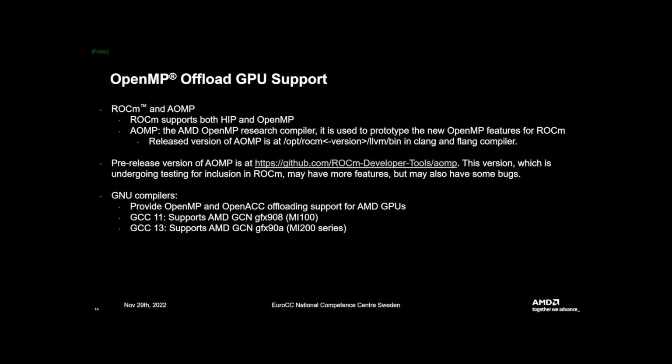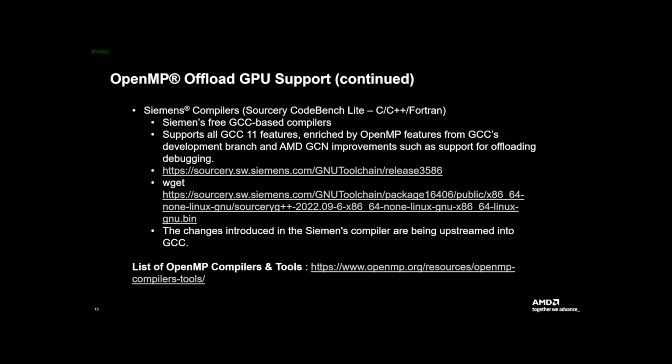But for better support in OpenMP and as an additional benefit, OpenACC, the GNU compilers are adding support for the MI100 and MI200 series. Now, that support is being upstreamed from Siemens work. And so, as with each release, they're providing more and more support. So if you want to go to the upstream releases where you can get the latest stuff that is a little bit ahead of the GCC releases, we can go directly to Siemens and download their compiler.